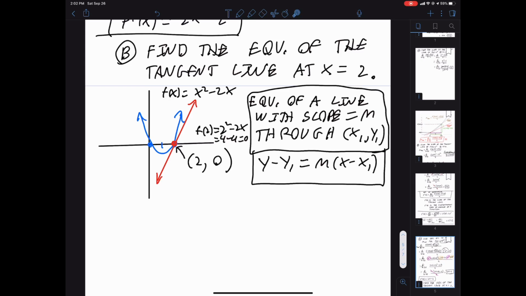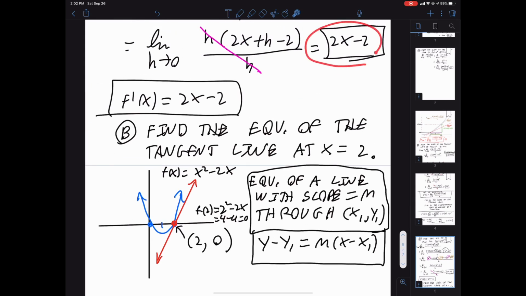How do I find the slope of that red line? The whole purpose of this lesson was finding the slope of a tangent line. The slope of the tangent line is the derivative, right? And how do I know the derivative of that function? We just did it on our previous problem. The derivative is 2x minus 2.